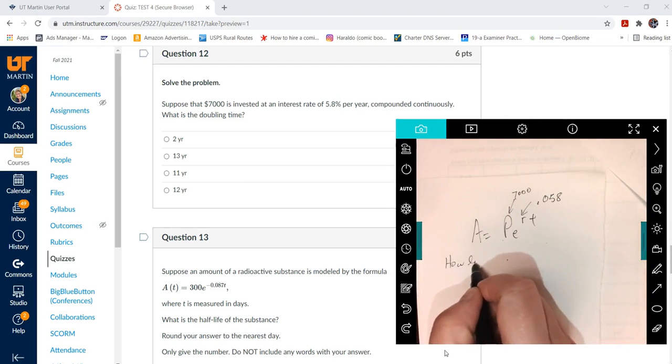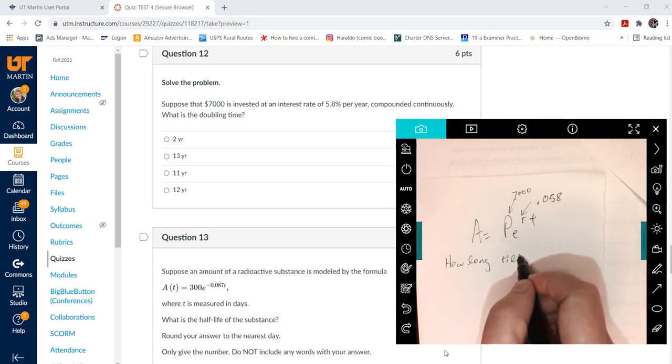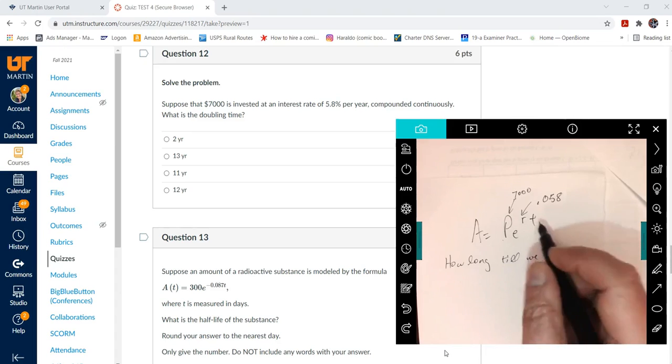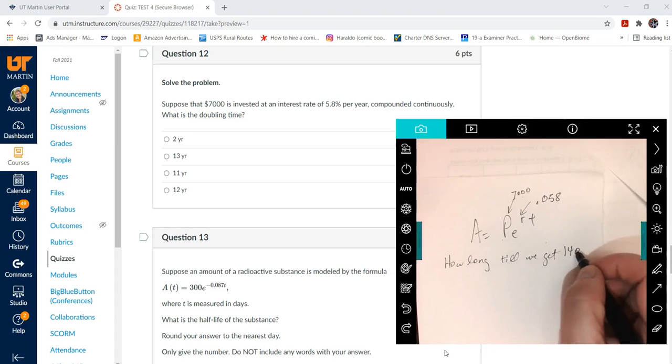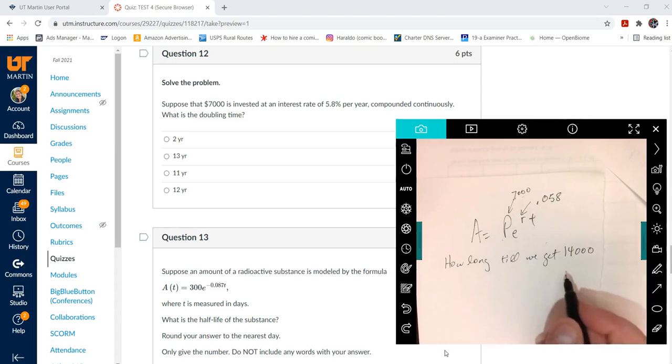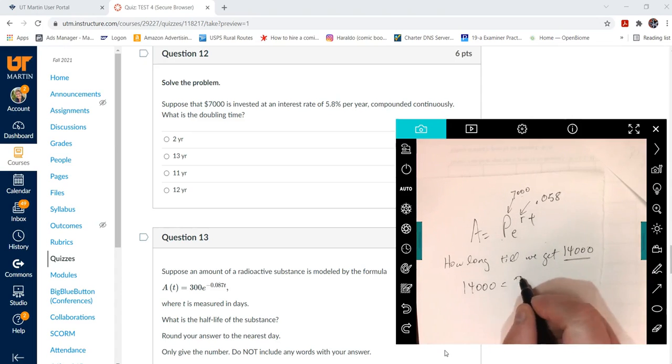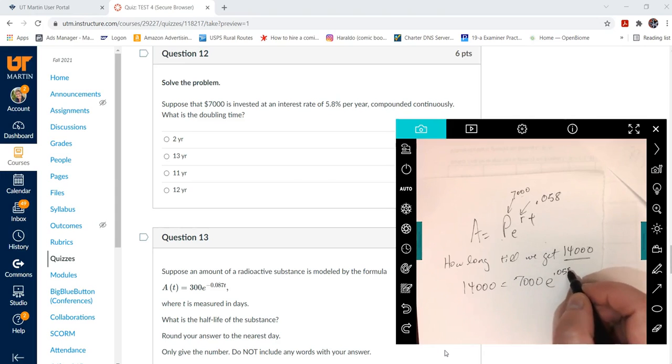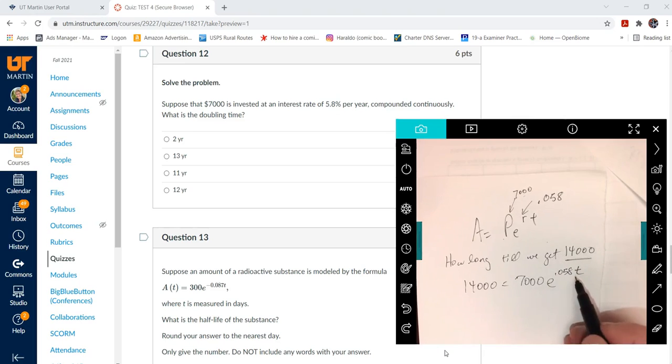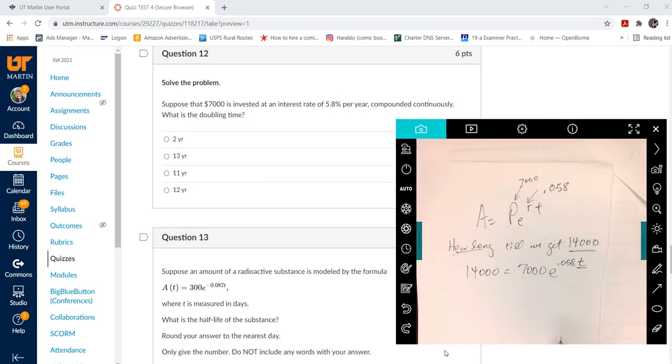How long till we get double what we start with? So we want to end up with 14,000. And we want to find how long that's going to take.